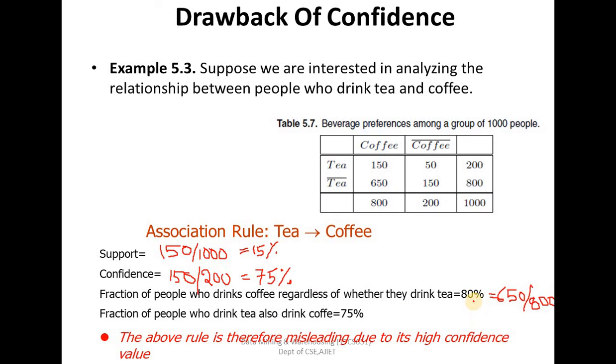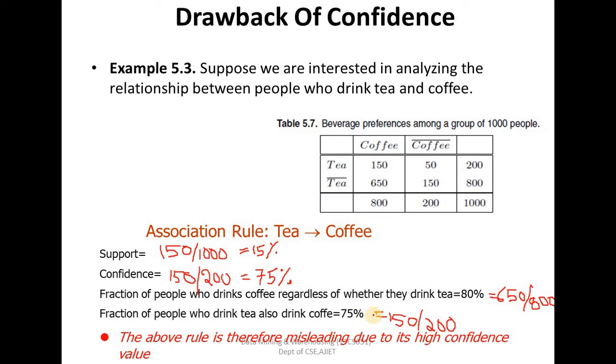80%. Next, let us see the fraction of people who drink tea and also drink coffee. The fraction of people who drink both tea and coffee is 150 divided by the support count of tea, which is 200.